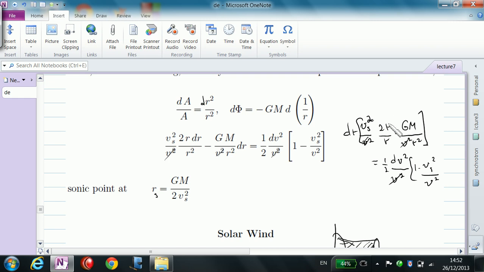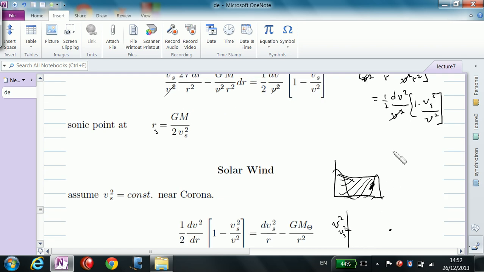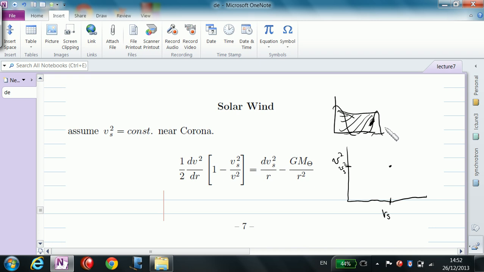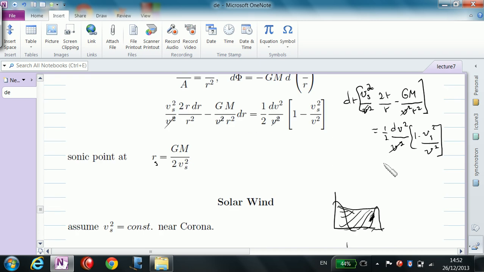And anyway, this tells me, depending on the sign of these coefficients, I know the sign of dr over v squared. Now, when I'm subsonic, this term is positive, and when... let's just rewrite this as 1/2.